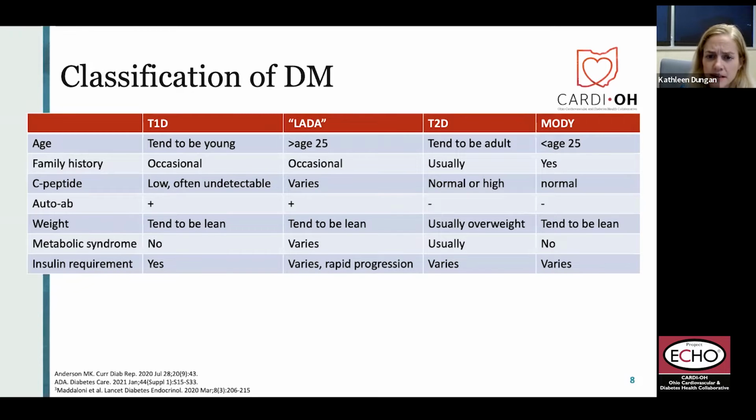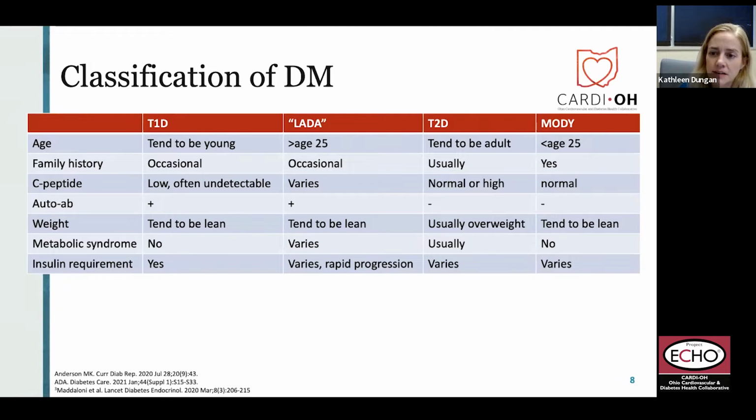But note that in general, the younger the patient, by far that's the most important determinant. But if you have a patient who's just really difficult to control, needing insulin very soon after diagnosis, presenting with extreme hyperglycemia, probably doesn't have a strong family history of diabetes, and also very important, if they are somewhat lean, you should be thinking about LADA.